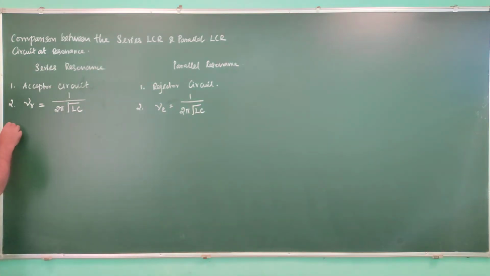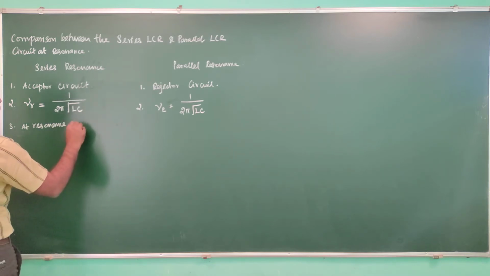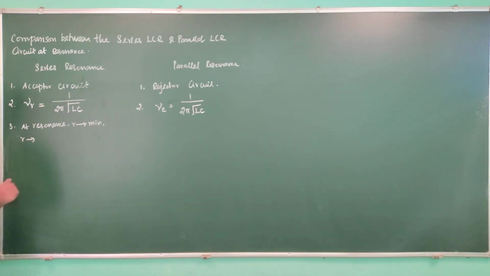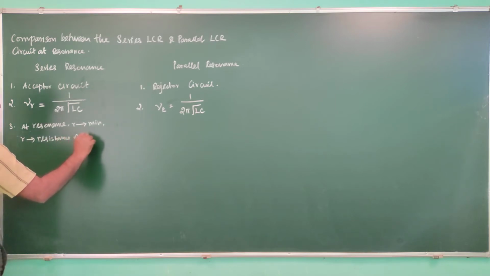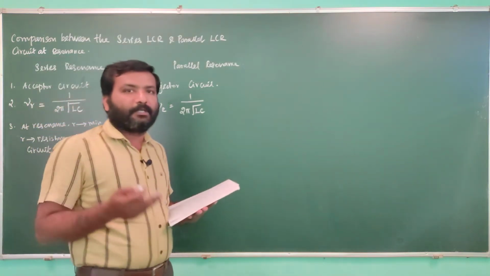And third point. Here at resonance the impedance is minimum, that is equal to the resistance of the circuit. In an LCR circuit there is a resistor, capacitor and inductor.